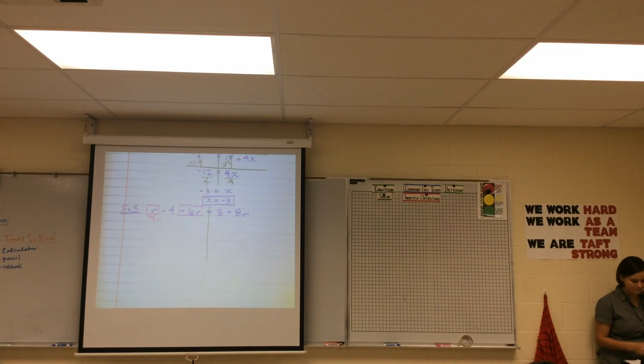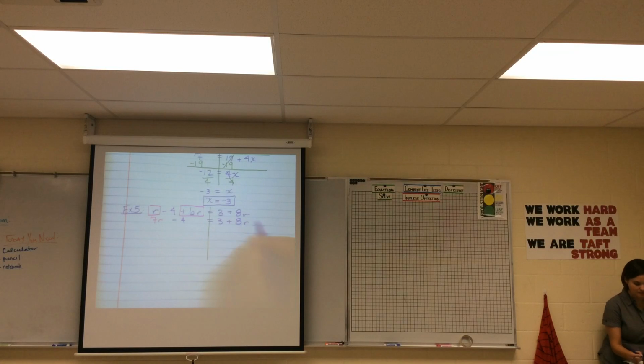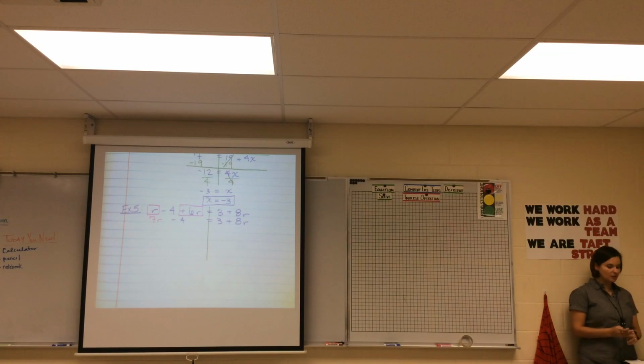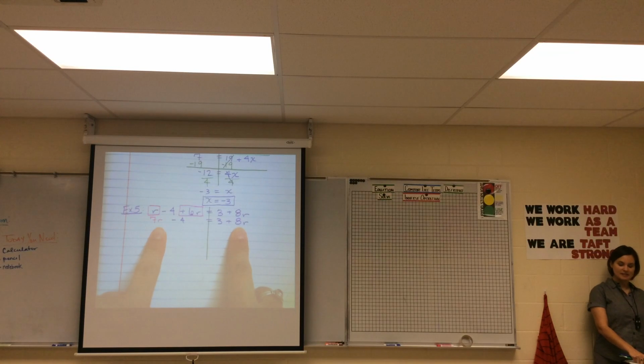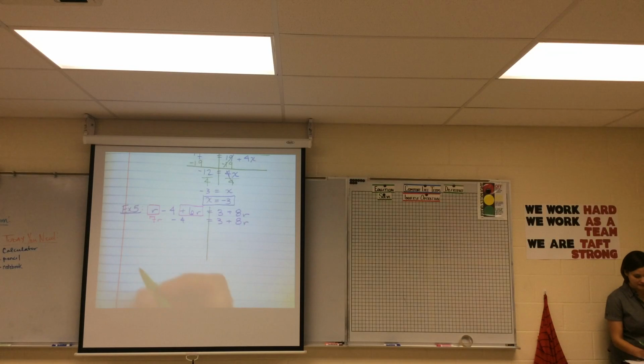So then I've got minus 4 equals 3 plus 8r. Very, very nice. So then I'm going to look at both sides of my equation. I have an unknown on both sides. So which one's smaller, 7r or 8r? 7r. So I'm going to move that one first. So the inverse of 7r is minus 7r.